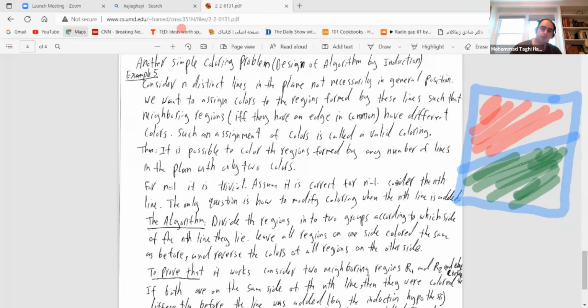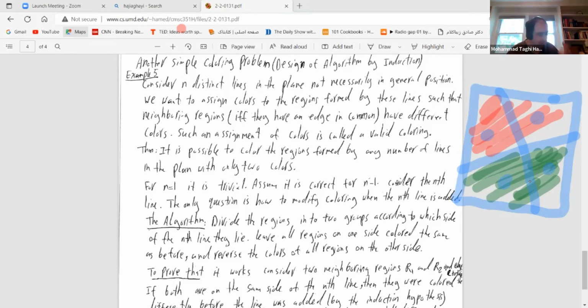Good. Now we add one more line. Of course, now we are violating the condition, because these two neighboring regions have the same color.